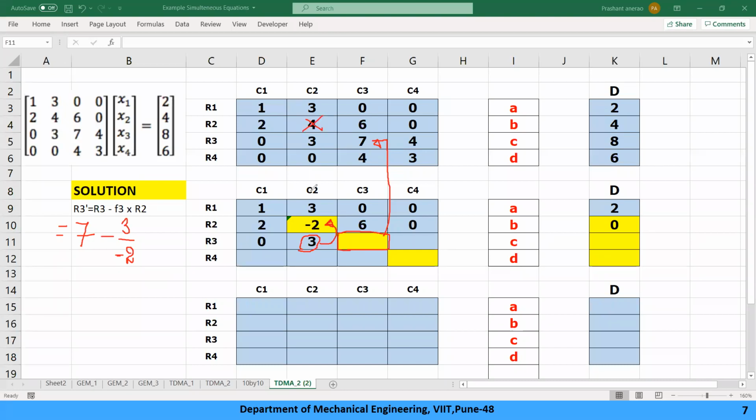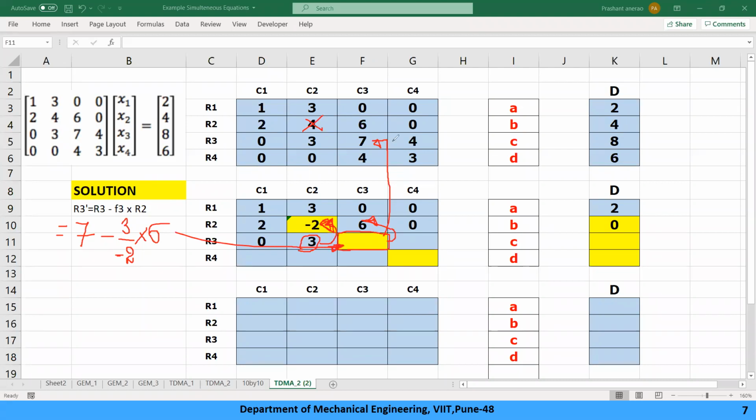Don't use the old one, use the new value. So this is -2, so 3 by -2, because row number 2 just got updated. You have to refer to that updated value into R2, the element just above it.